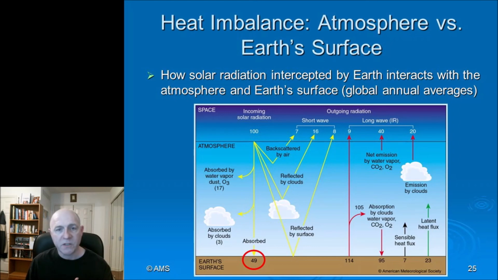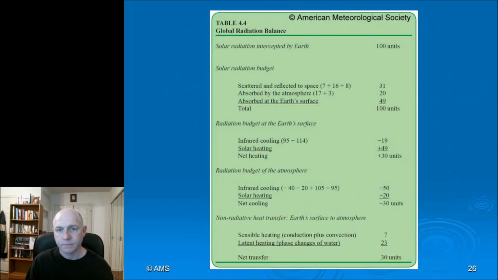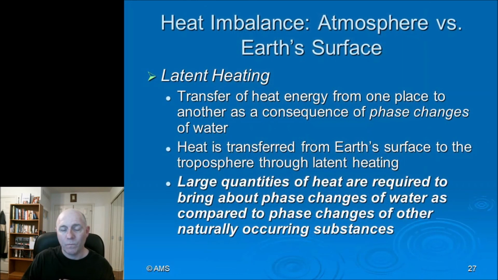But the most important thing is to remember, half of the incoming solar radiation gets to the ground. And then most of the infrared radiation leaving the Earth's surface is absorbed by the atmosphere. If you want to get deep into the weeds, you can get into the calculations here. But the point being is what I said before, most of the IR, infrared, leaving the Earth's surface is absorbed and then emitted by the atmosphere.